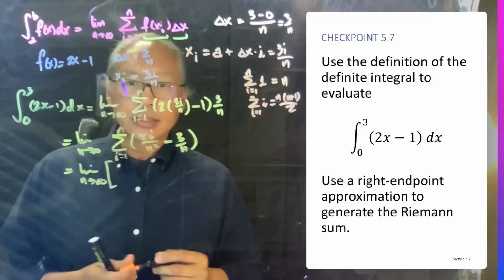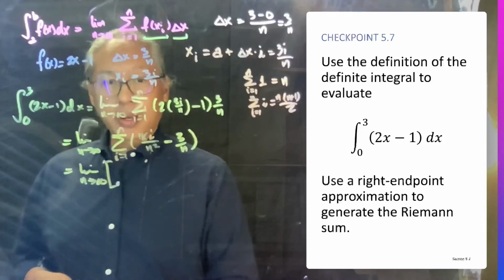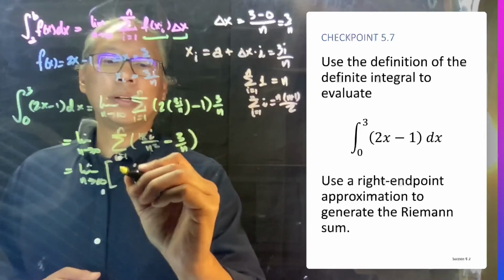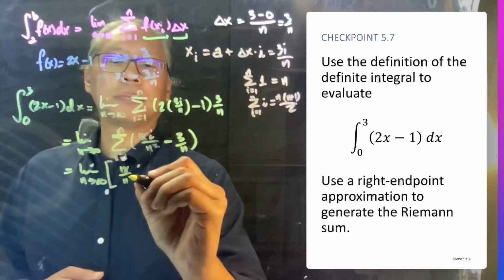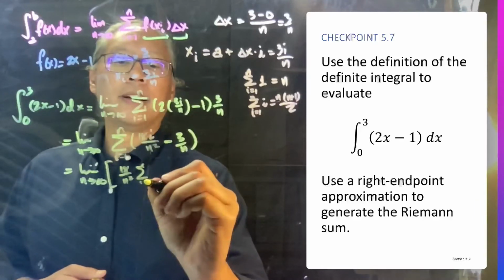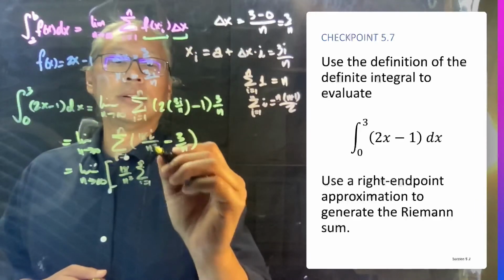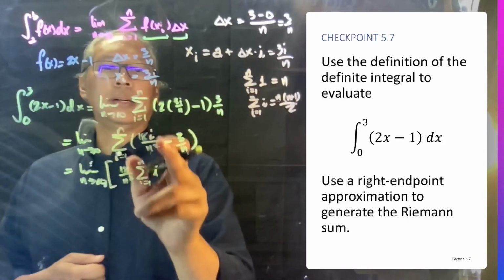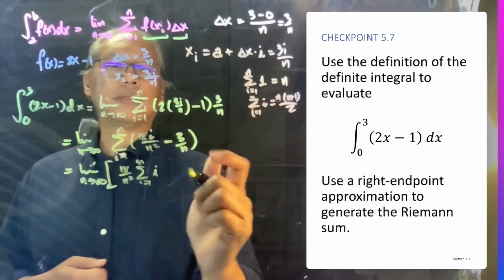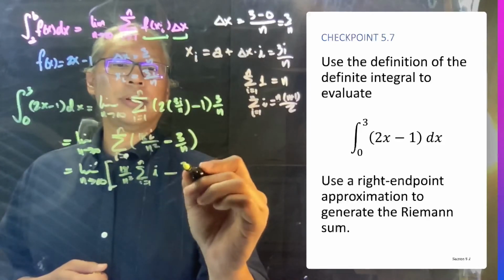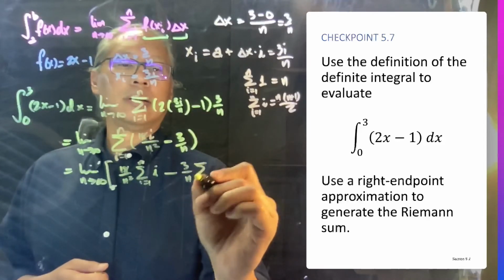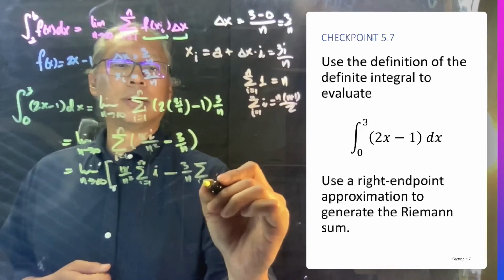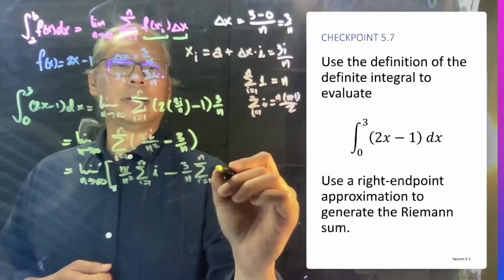So everything else is constant with respect to i. So the 18 over n squared is constant with respect to i. i goes from 1 to n of just i. So we took the 18 over n squared out. And then we have a 3 over n that we're adding up also, but that's constant as well, going from 1 to n of just 1.